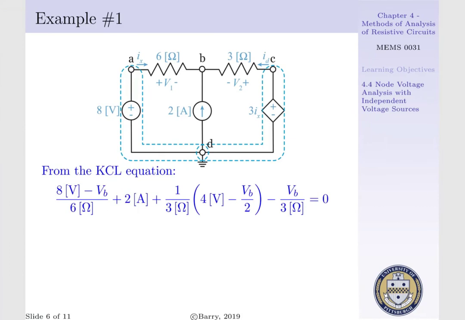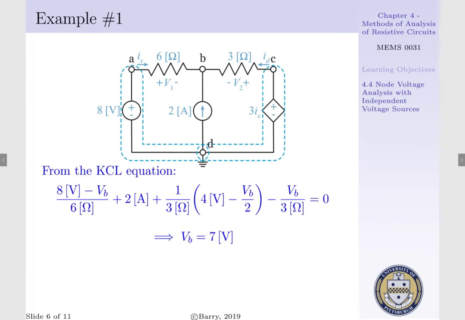Ix, which was represented as VA minus VB per 6 ohms, where VA is equal to 8 volts, now becomes 8 volts minus VB per 6 ohms, plus 2 amps entering, plus ID, which was expressed as VC minus VB over 3 ohms, which can be expressed as 1 per 3 ohms, times the quantity VC, which we found to be 4 volts minus VB per 2, minus VB per 3 ohms, is equal to 0.